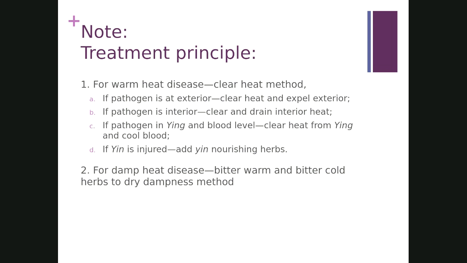For heat in the interior, clear and drain the heat and release it through downward draining methods or herbs. For the heat at the nutritive and blood levels, you need to clear the heat from both levels by applying cooling, sweet and salty herbs in conjunction with cold and bitter ones to protect against further damage of body fluid or yin.